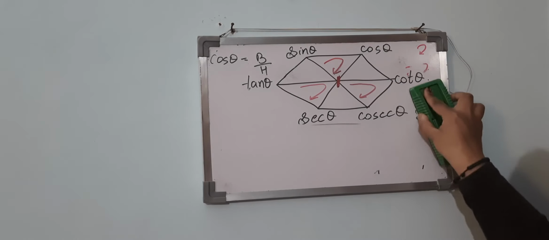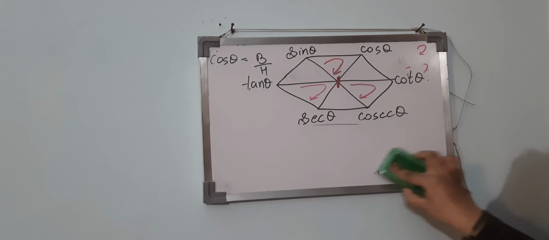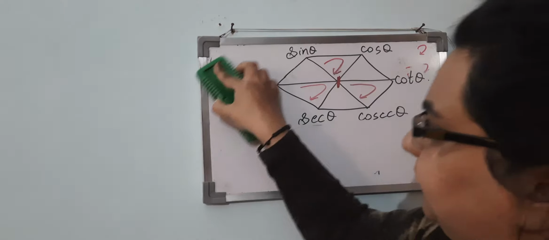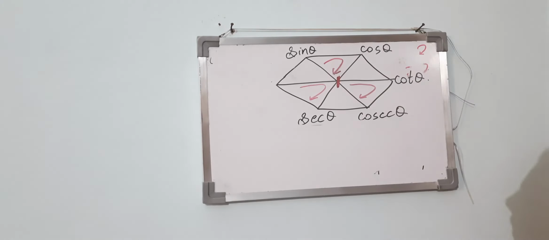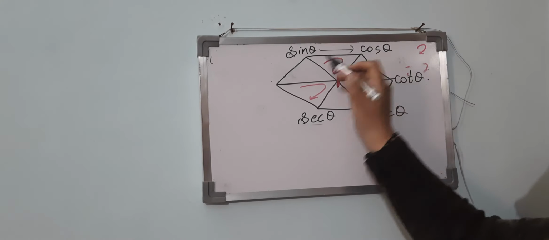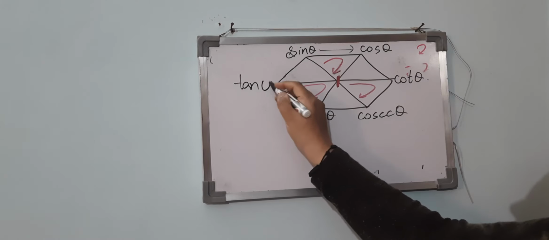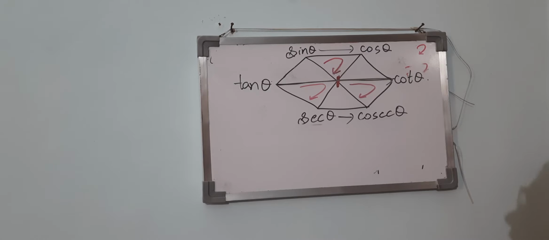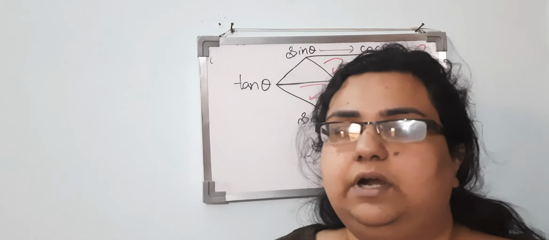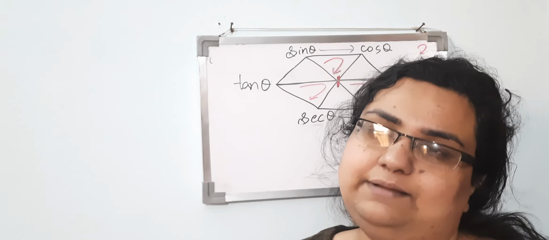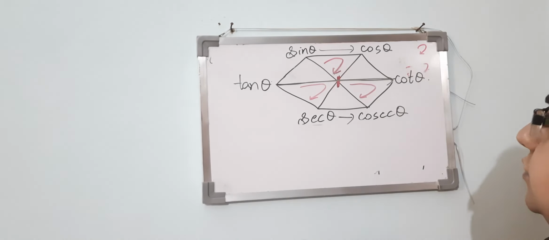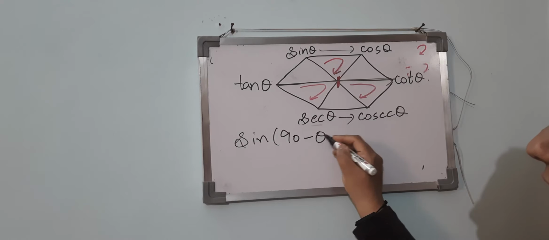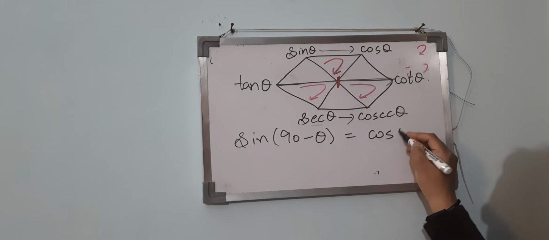Now, one more thing which I want to share with you. Let's see. This is tan theta, this, and this. You have also seen one type of formulas like 90 minus theta. So sin 90 minus theta is cos theta.